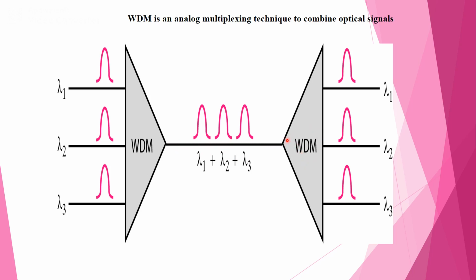Across the demultiplexer block, we can split this combined light stream into individual light signals with the wavelengths lambda 1, lambda 2 and lambda 3.